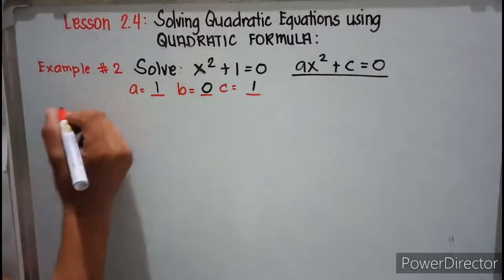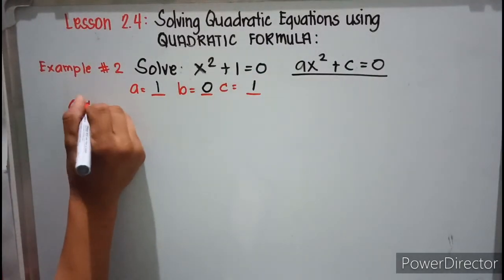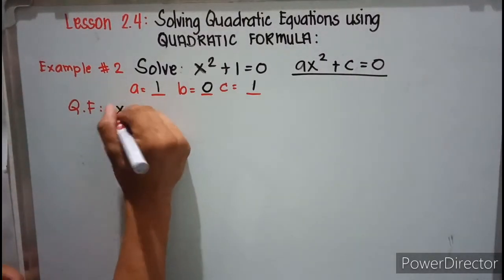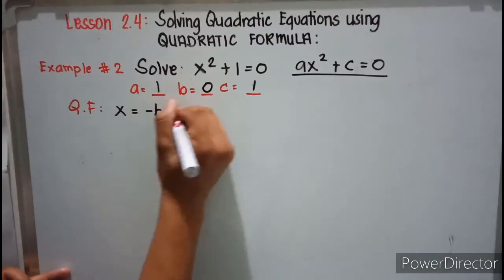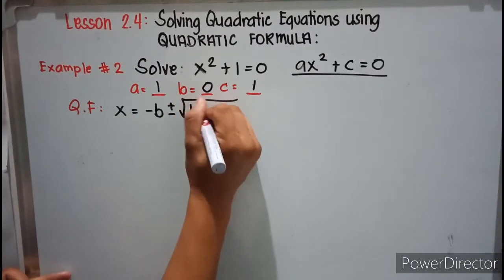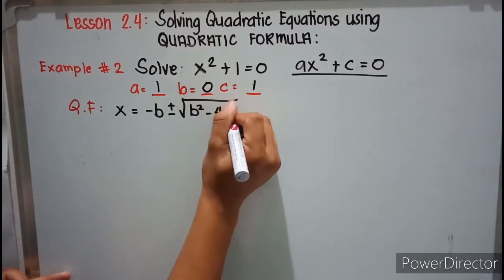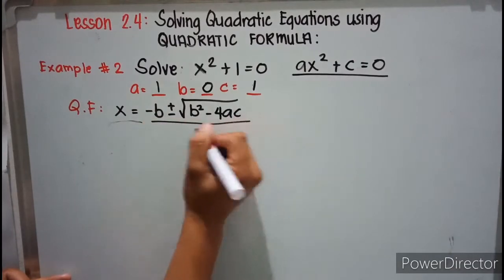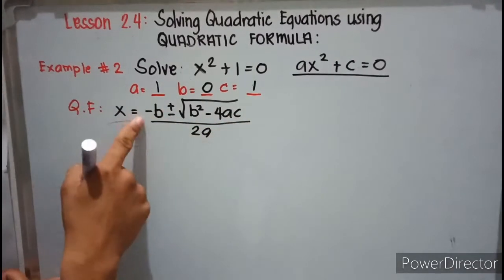Okay, then using our quadratic formula, we'll have x is equal to negative b plus or minus square root of b squared minus 4ac all over 2a. Then let us substitute.